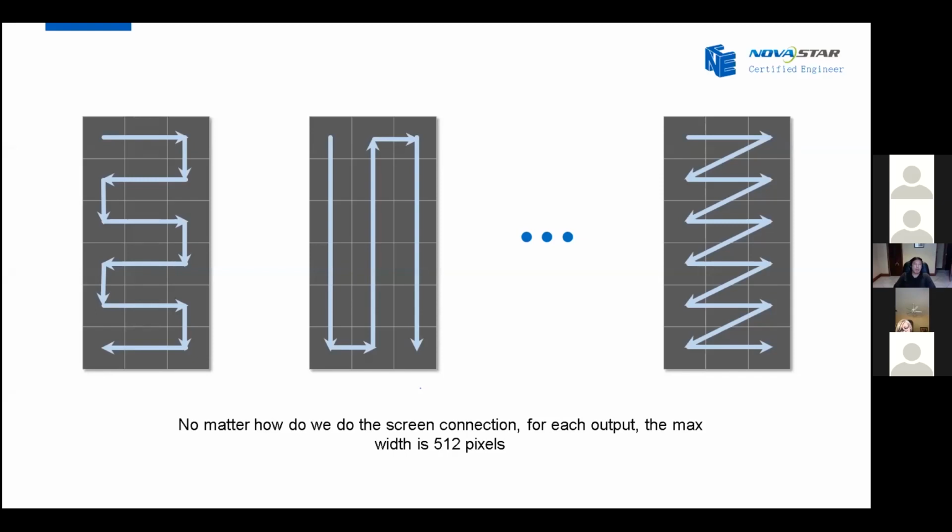Maybe that part is a little bit confusing, but just keep in mind, no matter how we do the screen connections, for each port output, the maximum width is 512 pixels. Make sure the width of the port does not exceed 512 pixels. So that's all for the preconditions for the low latency system.